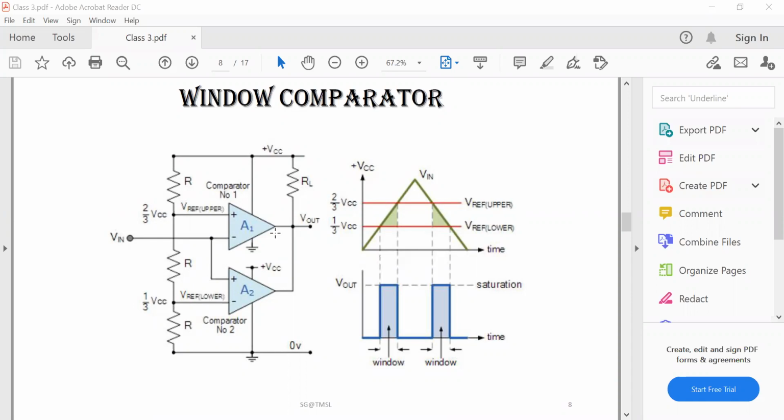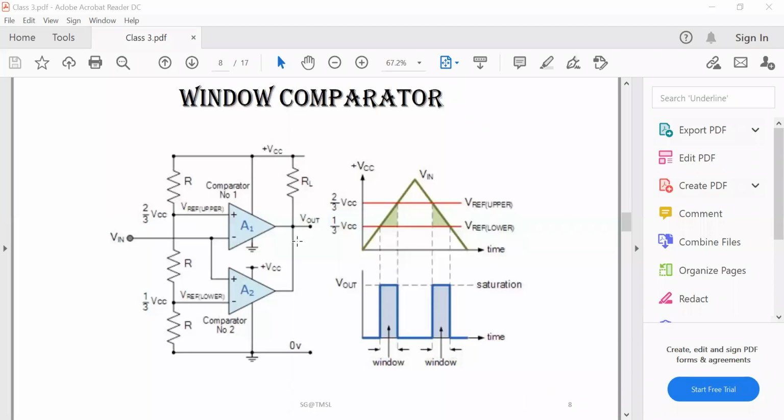The initial switching condition of the circuit, as I have explained in the last example: the lower voltage level, V reference lower, equals 1/3 VCC, so V out will be low.